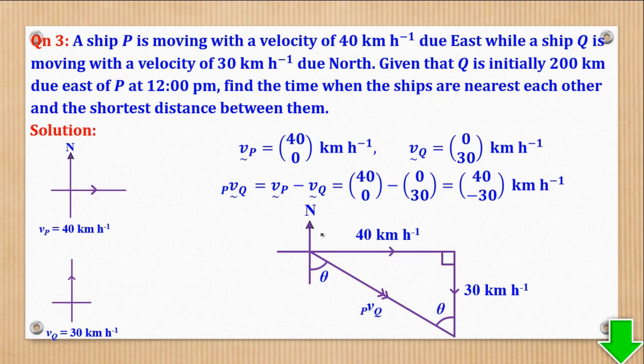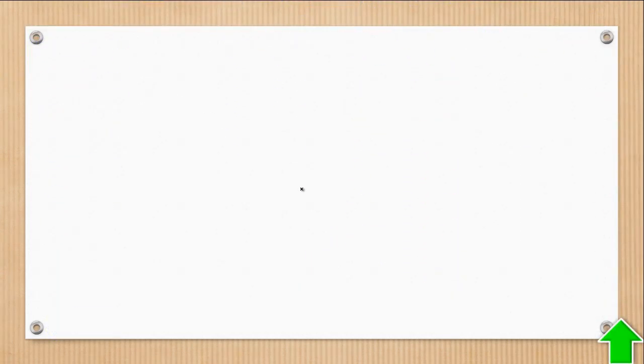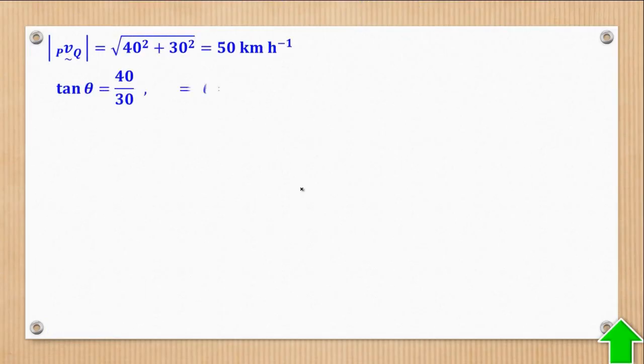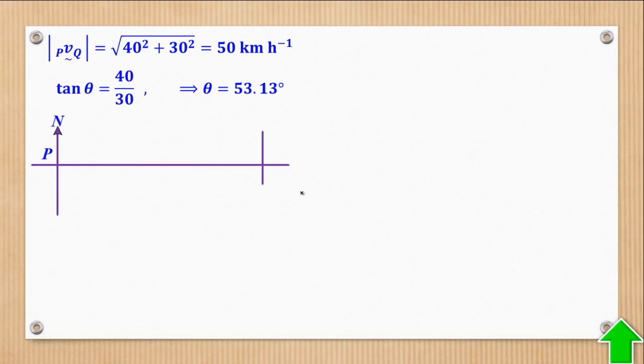So from there you can get the magnitude and also the angle. So magnitude will be that, angle will be that, therefore now we can get the shortest distance by showing the initial positions of P and Q and the distance apart.